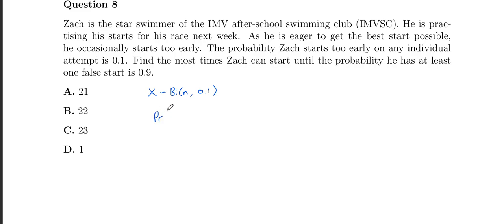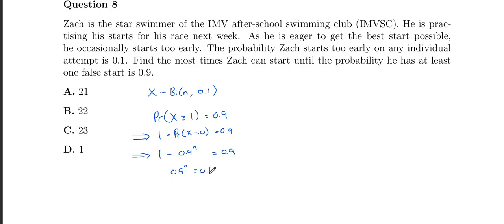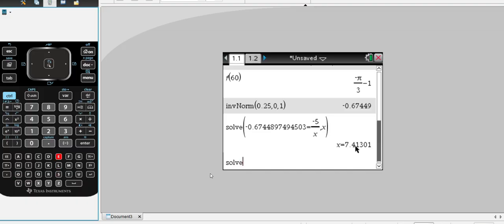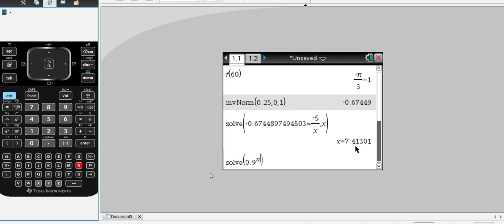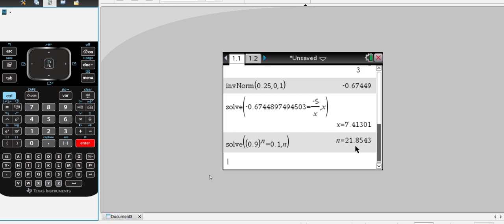So probability that x is greater than or equal to 1 equals 0.9 implies that 1 minus the probability that x equals 0 is 0.9. 1 minus 0.9 to the power of n is equal to 0.9. So 0.9 to the power of n equals 0.1. So solving, we get that n equals 21.85.